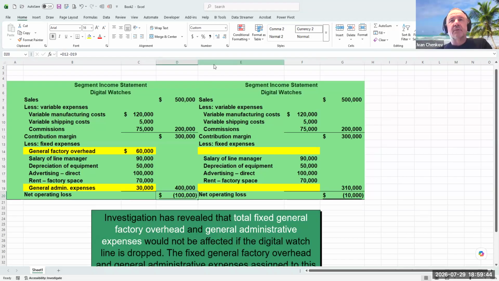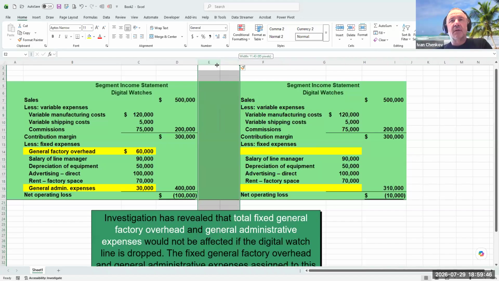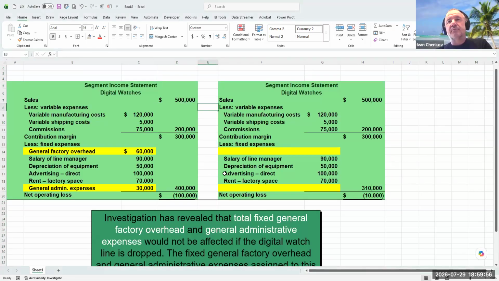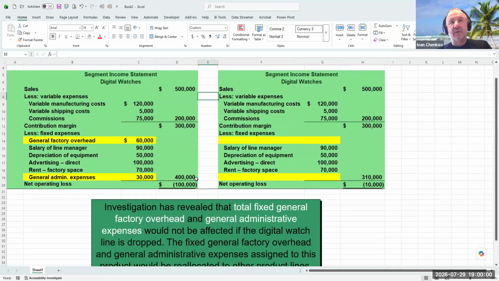That's good, we have a starting point in our analysis. If we eliminate this division, what happens to general factory overhead and general administrative expenses? They simply should not be allocated to this division since they look like common costs. Let's see what else is available.